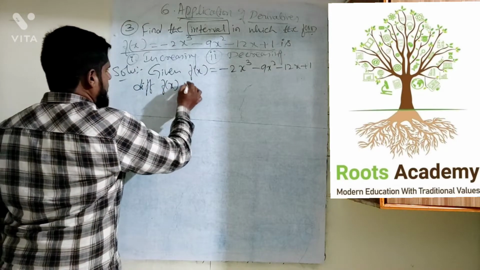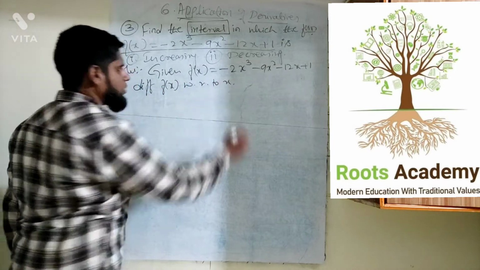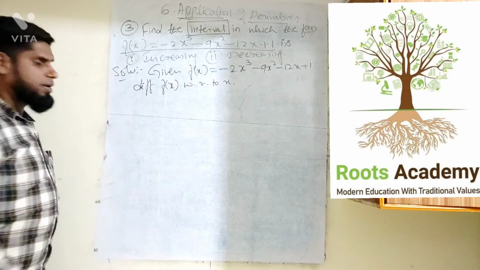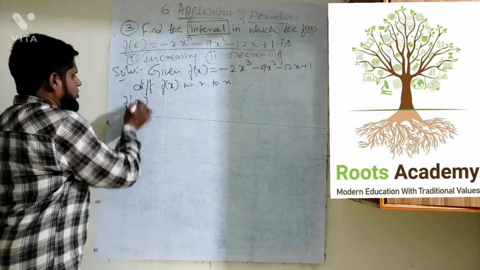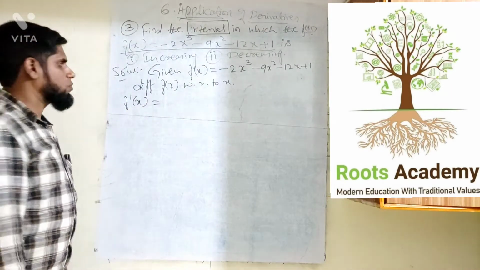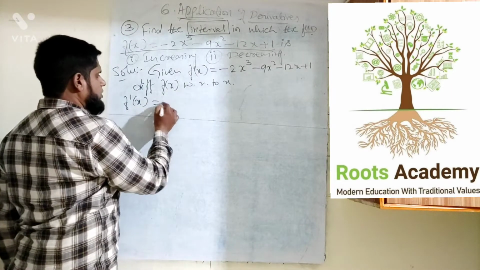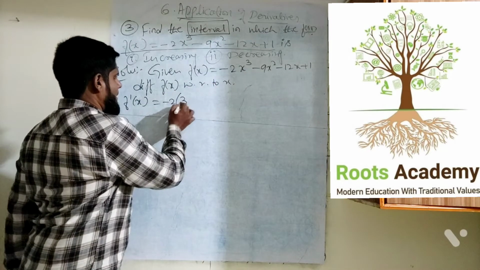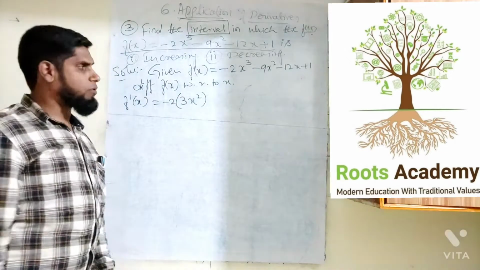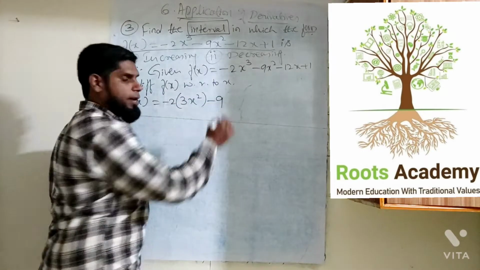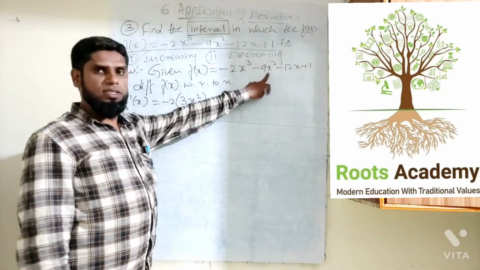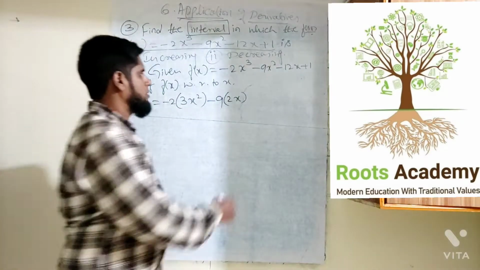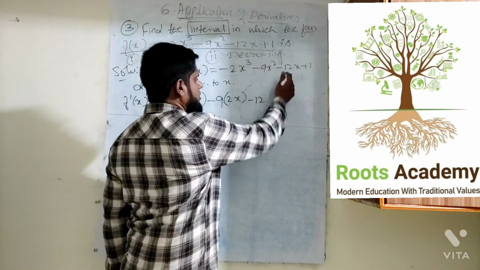Differentiate f of x with respect to x. So the derivative of f of x, f dash of x, is equal to minus 2 as it is. Then the derivative of x cube is 3x square. Minus 9 as it is. The derivative of x square is 2x. Minus 12 as it is.